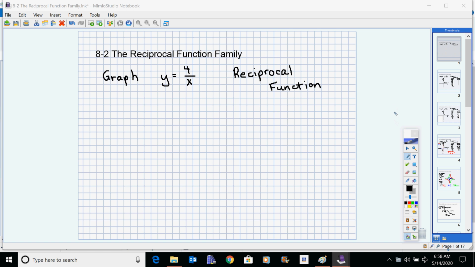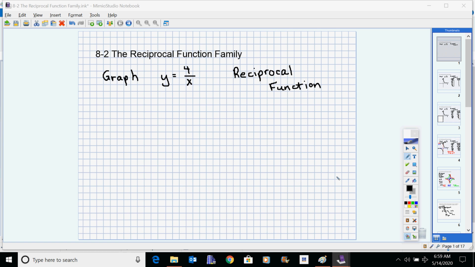And so let's just go on and we'll see what you can learn today about the reciprocal function family. Now we have basic shapes of graphs that we've talked about before. We started off with the absolute value function that made v's, and then we had our parabolas that made the u shape, and we've had our exponential function which made kind of like a J curve.